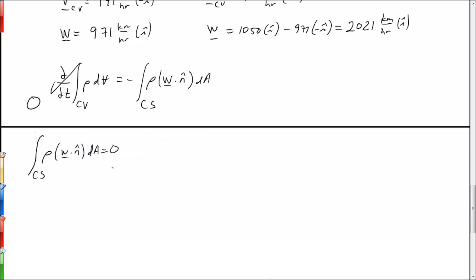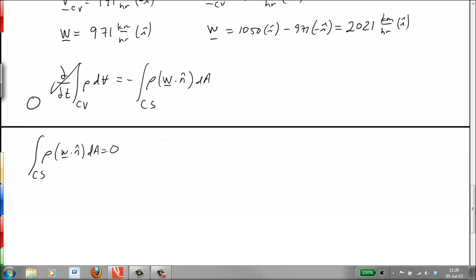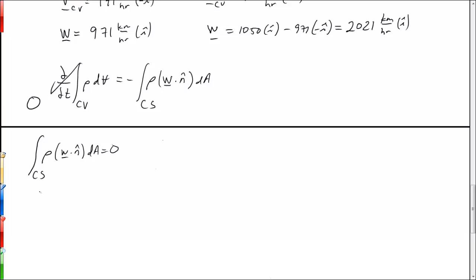So now we just need to expand the integral for each of the control surfaces that we know of: the inlet, the outlet, and the fuel inlet as well. So for the inlet, and I'll just put a 1 because we called that region 1, the integral over that of the density at region 1 times W dotted with n.